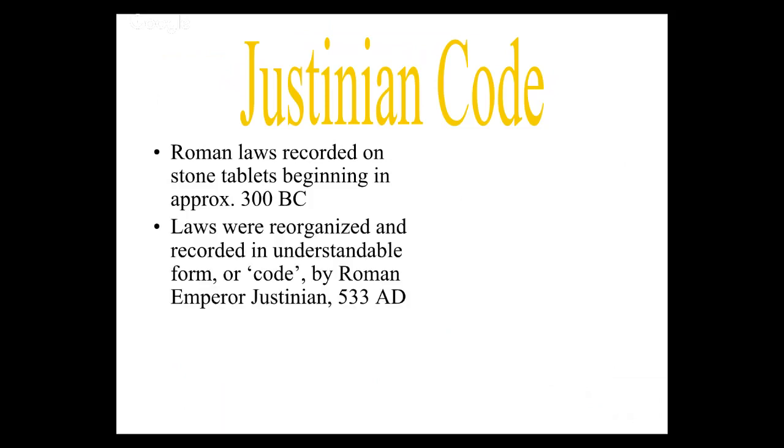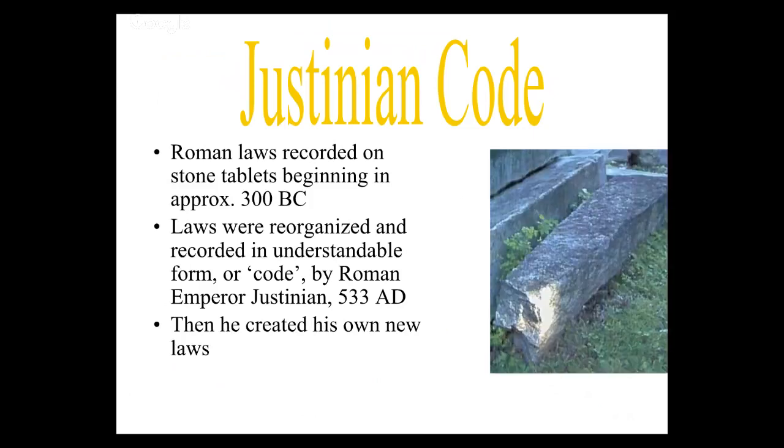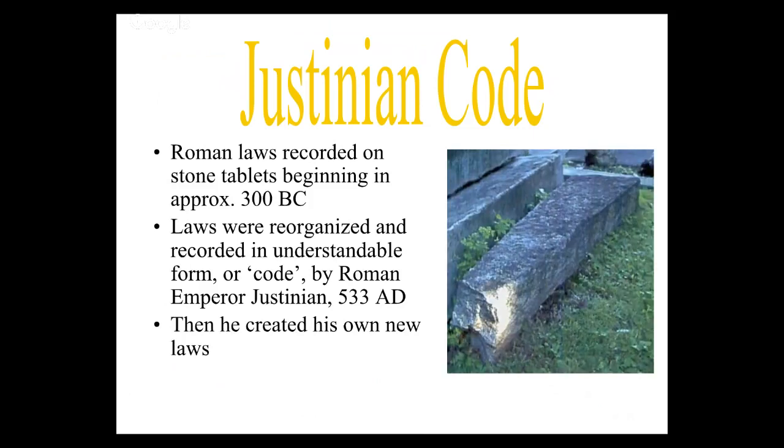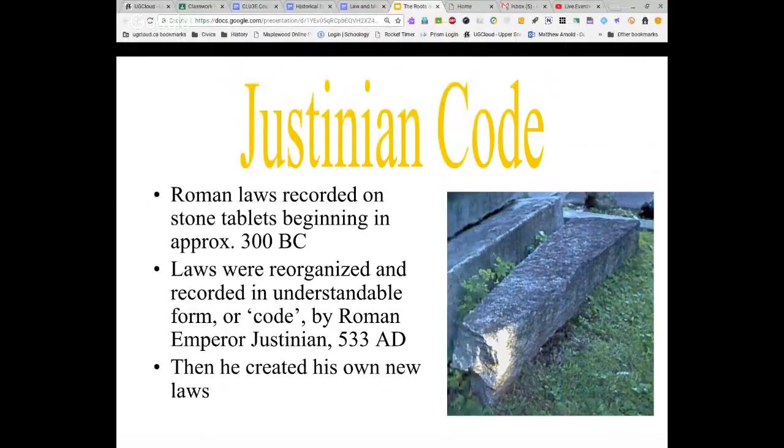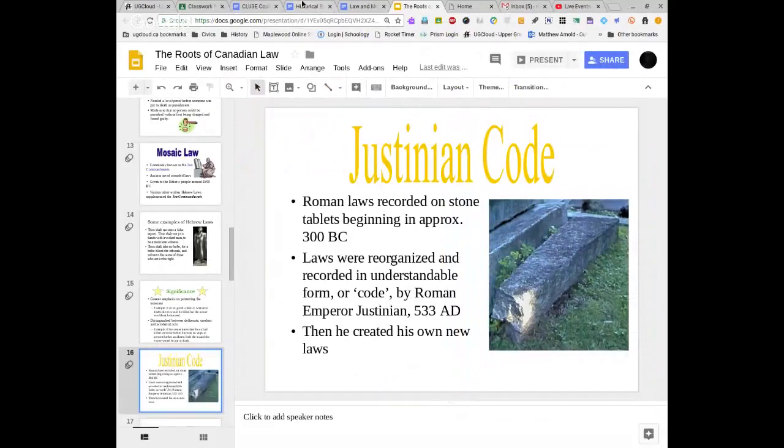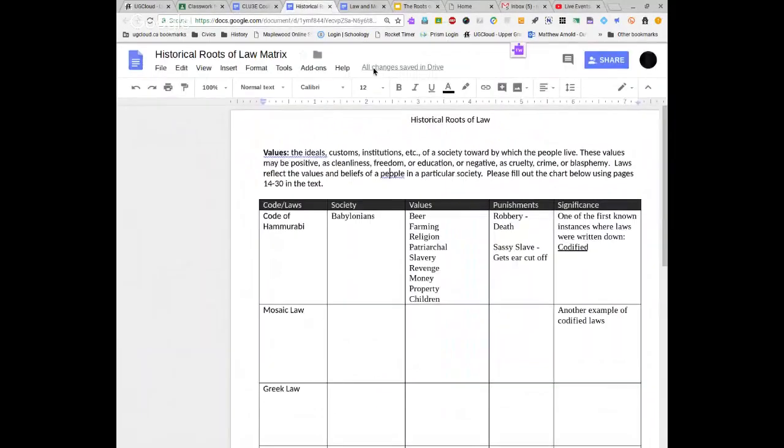So as you can see, there are many different codes on this presentation. Now the presentation corresponds directly with a handout that you will receive as well, and this handout being your Historical Roots of Law Matrix.